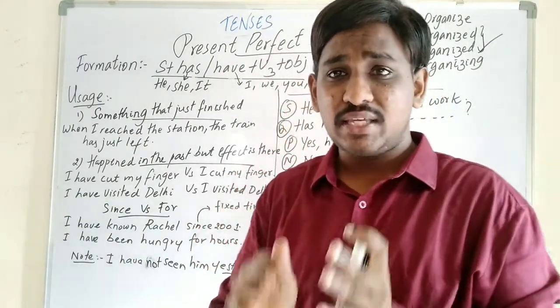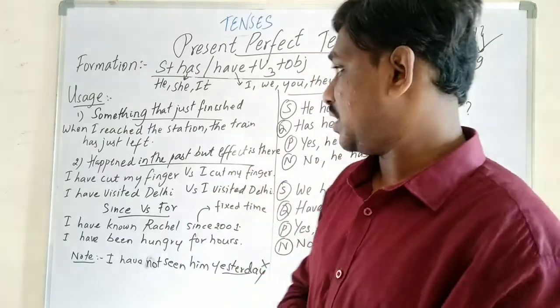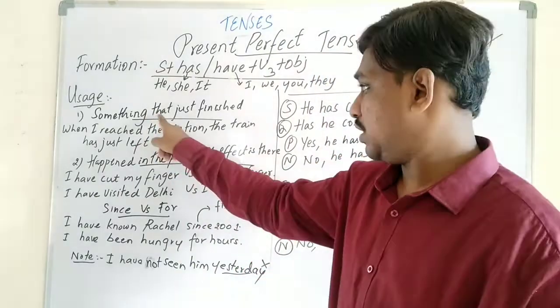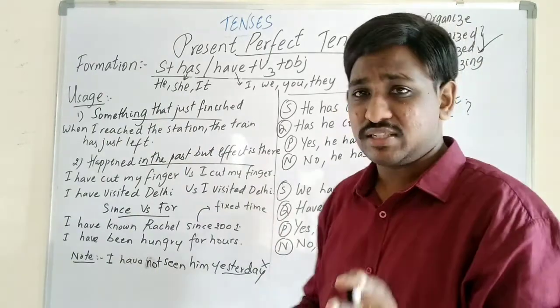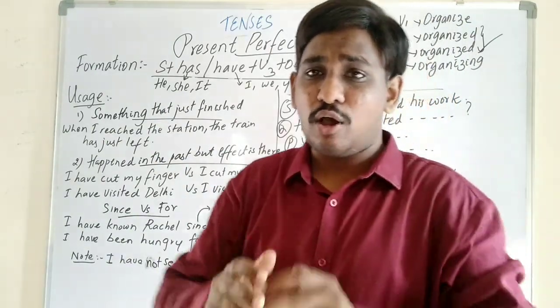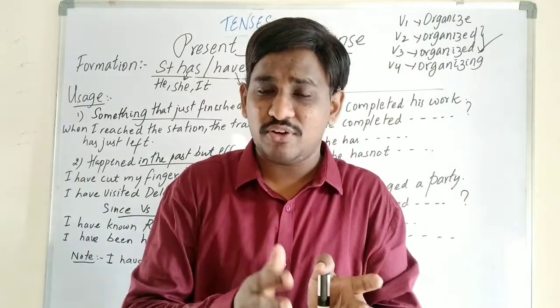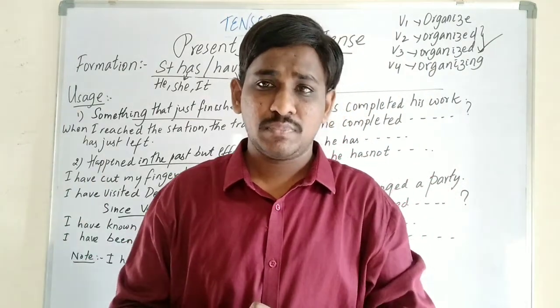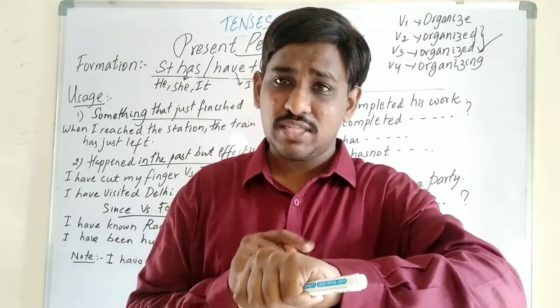Let us see the usages of present perfect tense. When do you use it? For something that just finished. Let's take an example. You're all ready to travel from one place to another. Your train is at 10 o'clock.